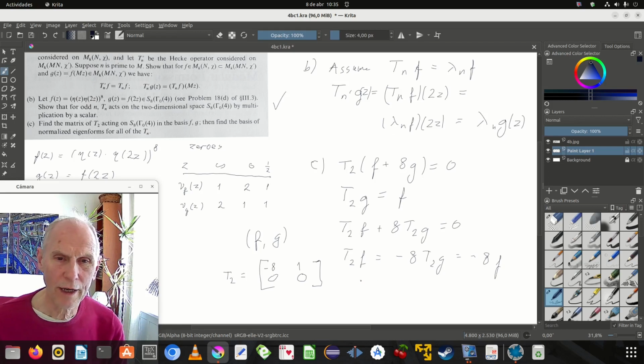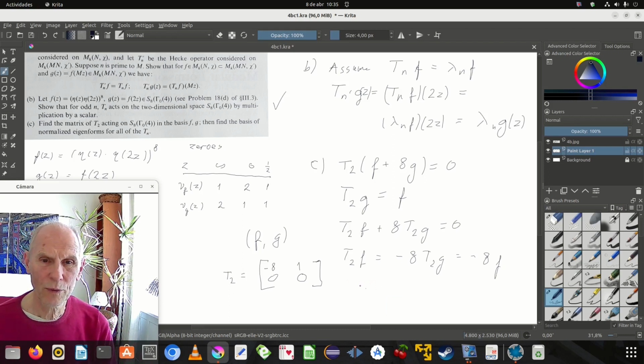But on the other hand, it leads to that we can use F and F plus 8G as a basis for all Tn.